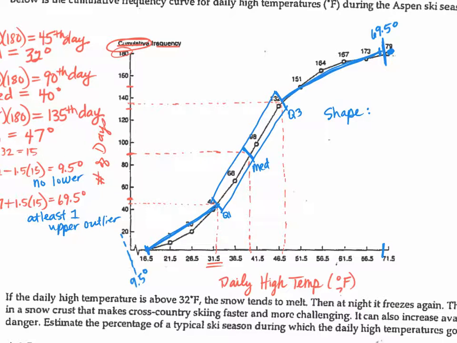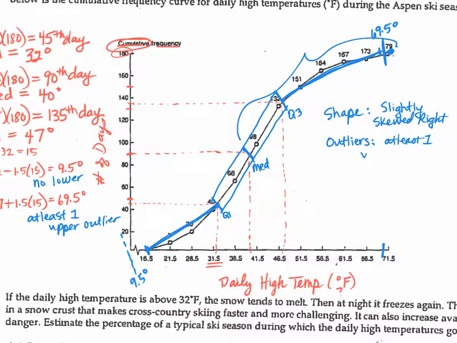So let's describe the distribution with our SOCS. What would you say the shape is? I'm going to go with slightly what? Slightly skewed right. Doesn't this look longer on this side over here to the right? That's slightly skewed right. Stretched to the right is skewed to the right. We already determined that there's at least one upper outlier above.